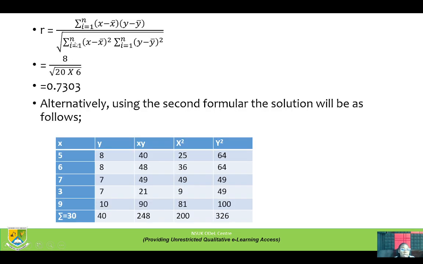So that gave us 20 times 6, and then computing this with your calculator, you're going to arrive at 0.7303.